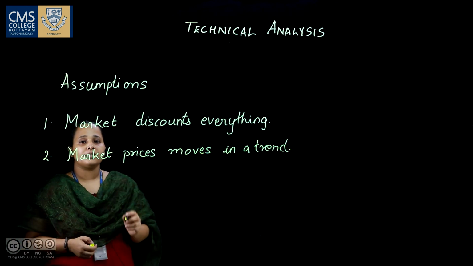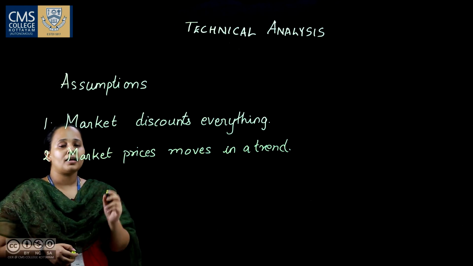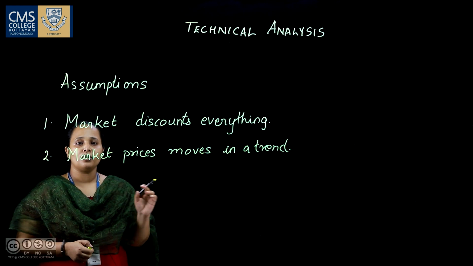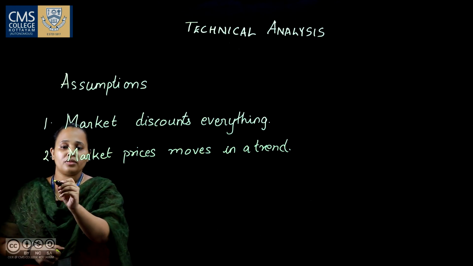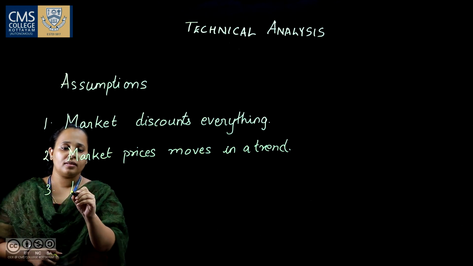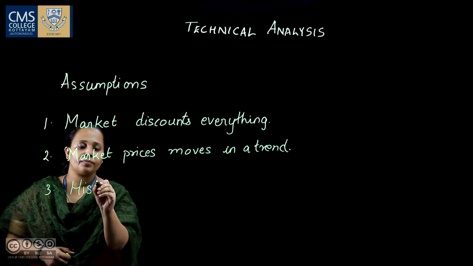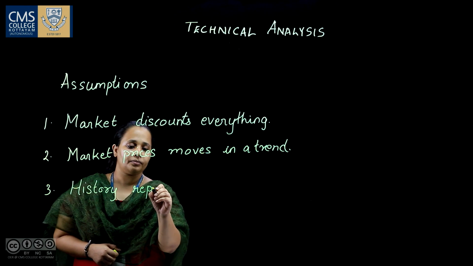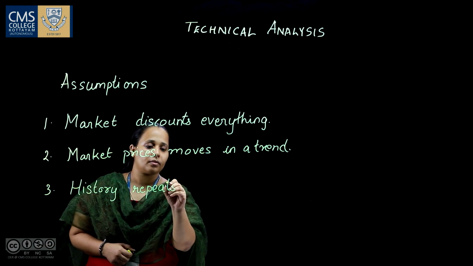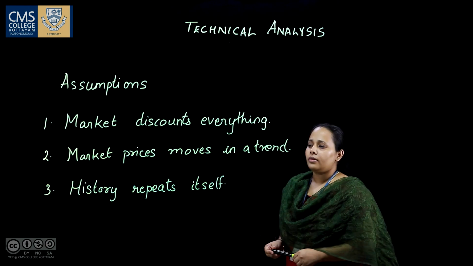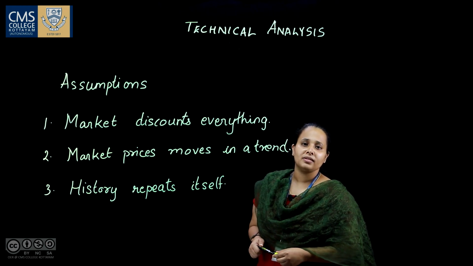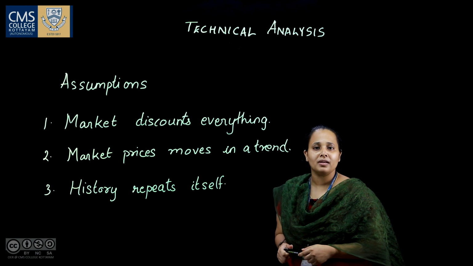Here the analyst assumes that the market prices either move in an upward trend or in a downward trend. And the third assumption is that history repeats itself. The analyst assumes the prices to move in the same pattern as it was in the past.